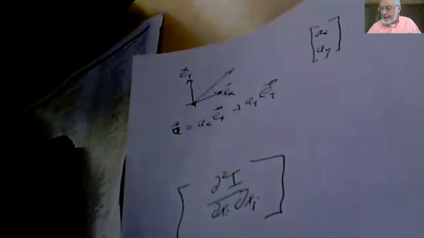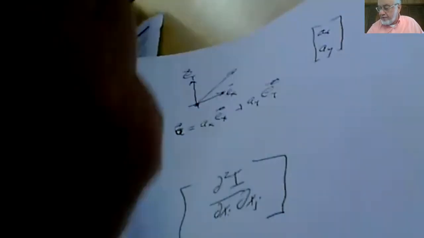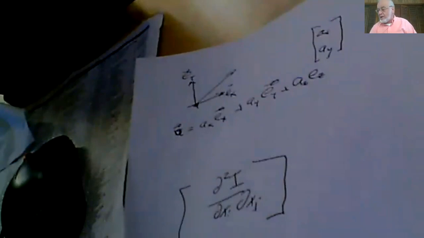How many entries here in this tuple? Just 2 entries, right? Okay, fine. Now, when I am in 3 space, I have yet another basis that comes out of the page, and it's called EZ. And then the vector in 3 space will be AX EX plus AY EY plus AZ EZ, and EZ is the unit vector orthogonal to the page.